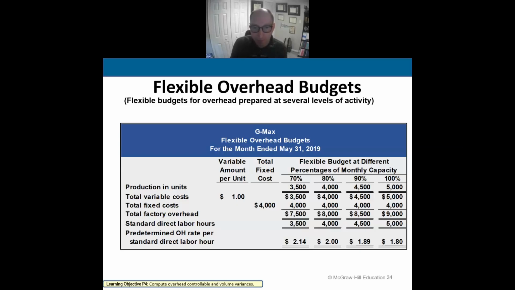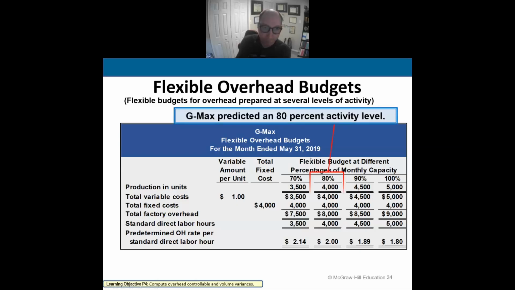So we can see, based off of the amount that we can produce at each level, what the changes are in the overhead rate. 70%, 80%, 90%, 100%. Those are the levels of activity. So if we predict that we'll produce 80% of what we're expecting to do, then my predetermined overhead rate would be $2 per hour.